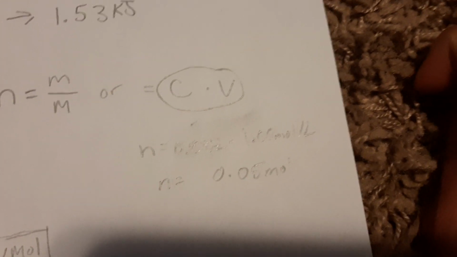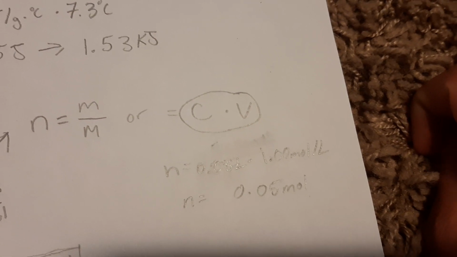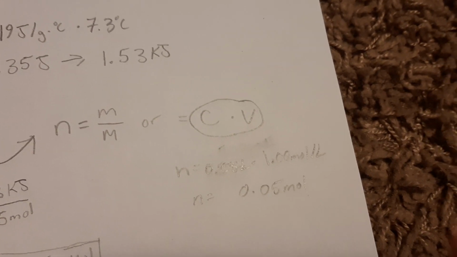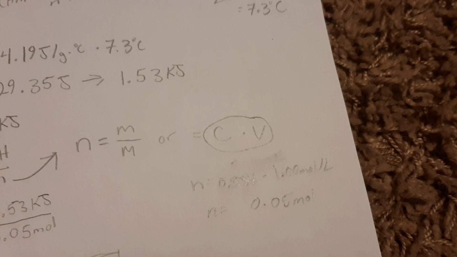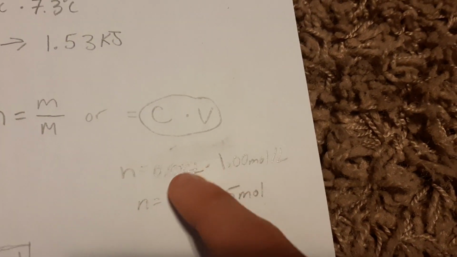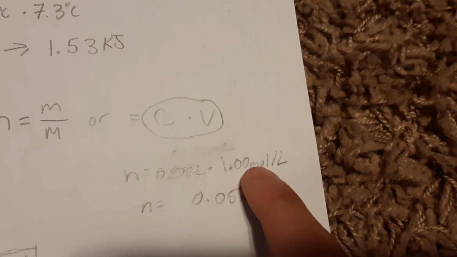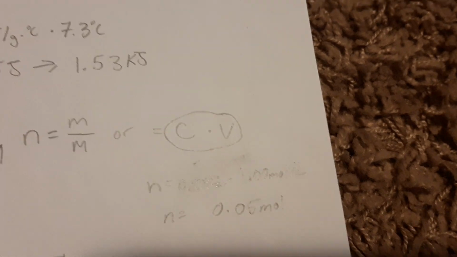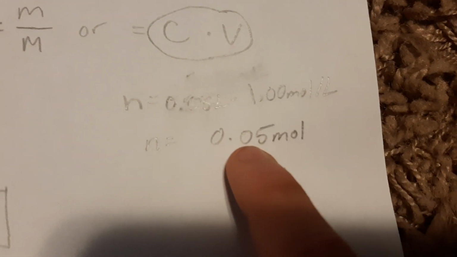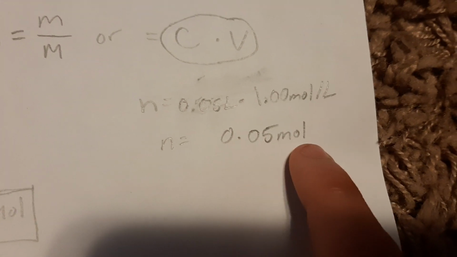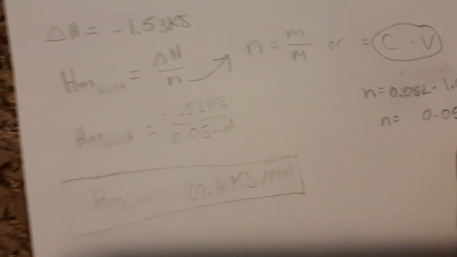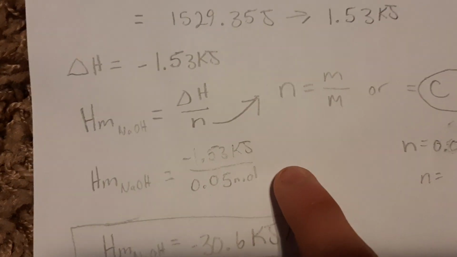Moles per liter. Using our basic knowledge of unit analysis, which is just canceling different units, we can cancel out the liters and liters, and we'd be left with moles. Since it's just 1 mole, our total number of moles comes to 0.05 moles. Now we have both values we need.